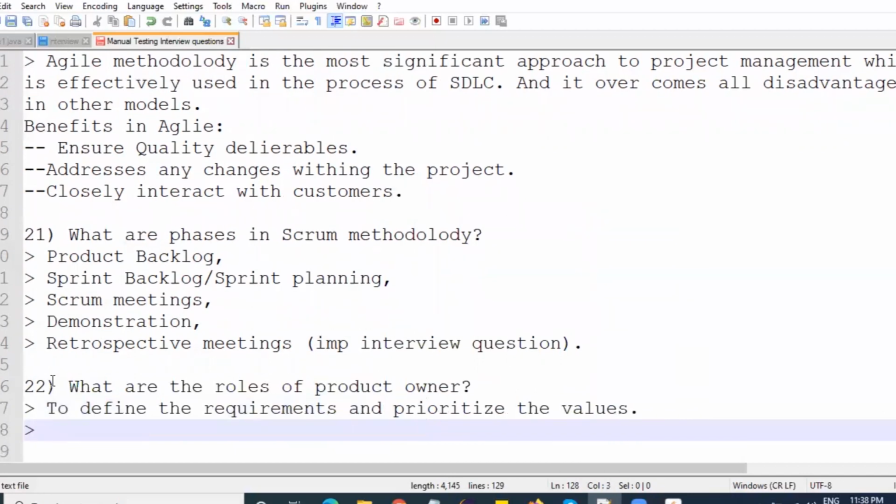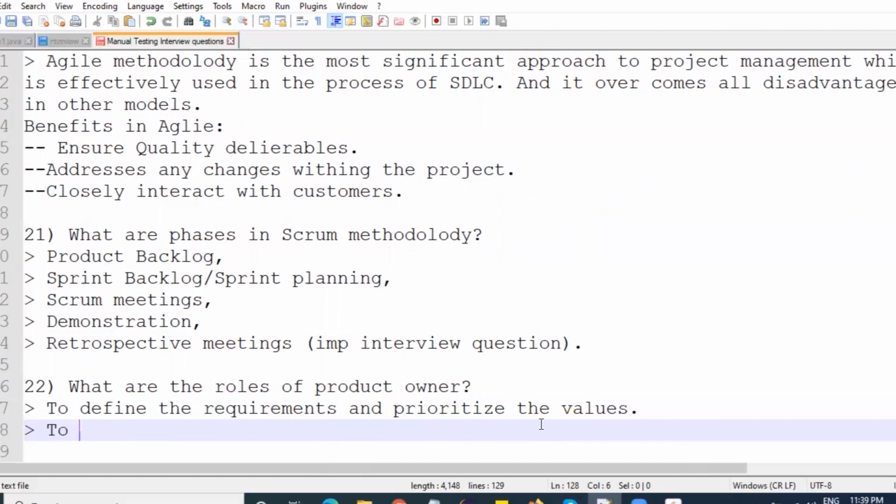Next is to determine the release dates and all those things.